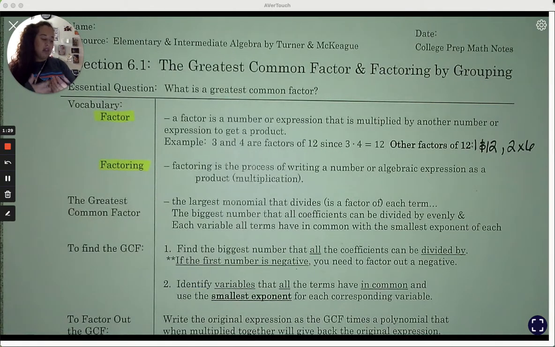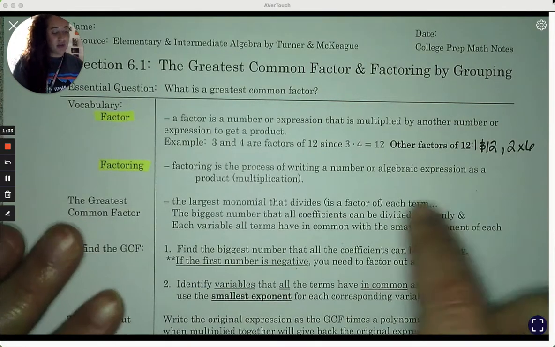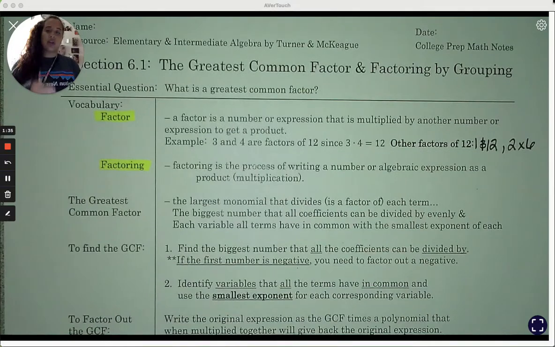Okay. Factoring is the process of writing a number or algebraic expression as a product. So 2 things that we're going to multiply together. Okay. The first big thing that we're going to talk about is this idea of the greatest common factor. We're going to factor out the greatest common factor.